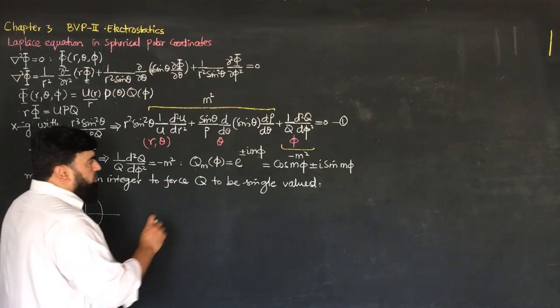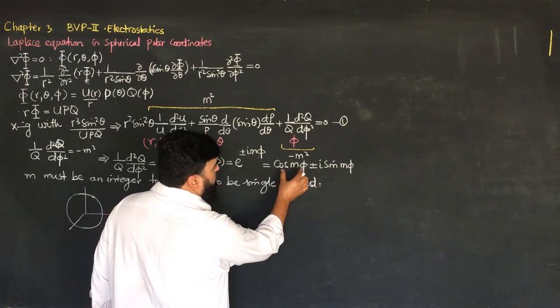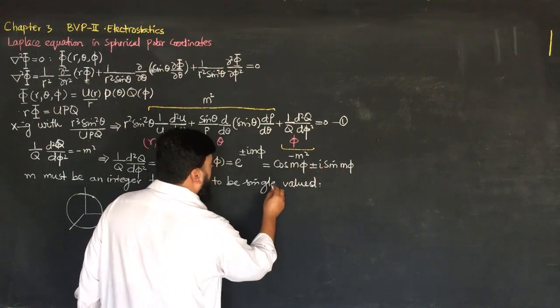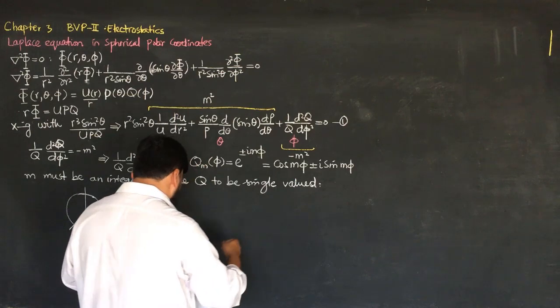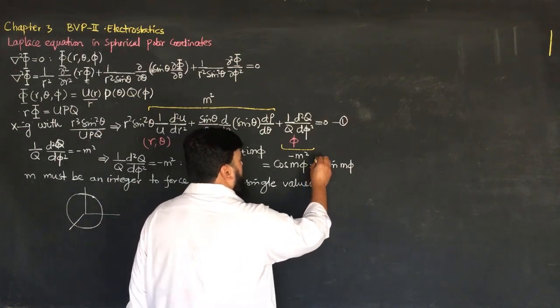Now what does this mean? This means that we have two functions, cos and sine, and these functions are periodic functions.